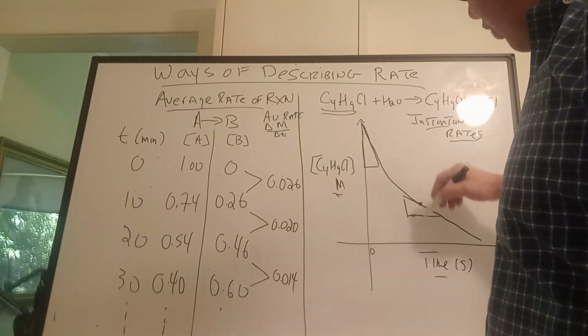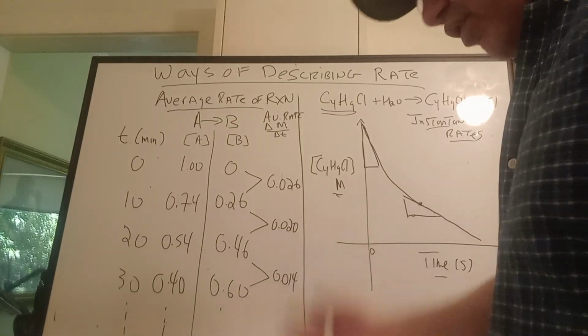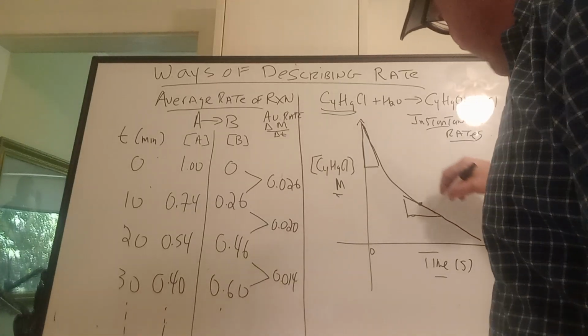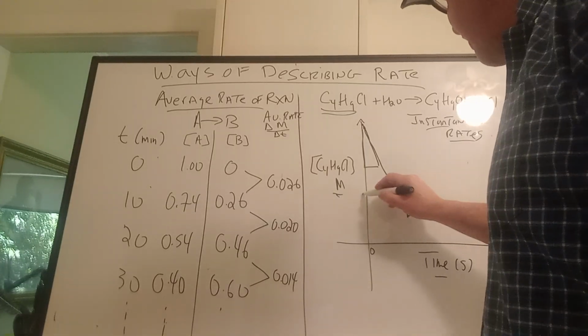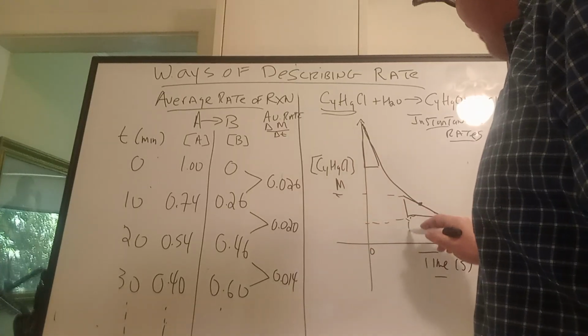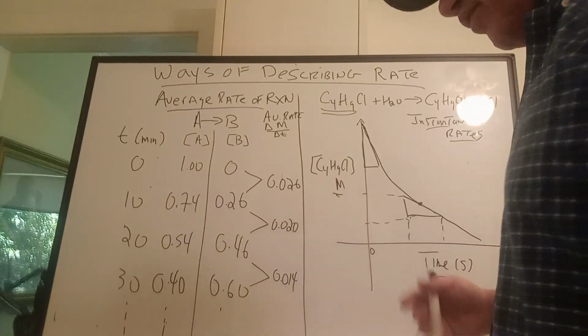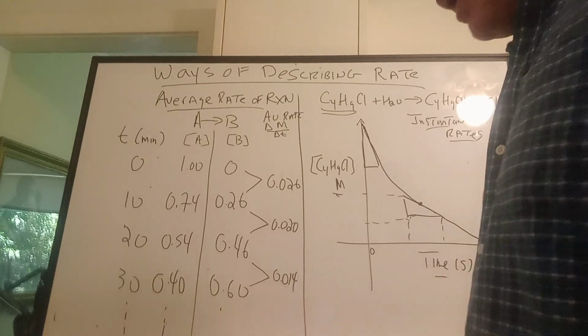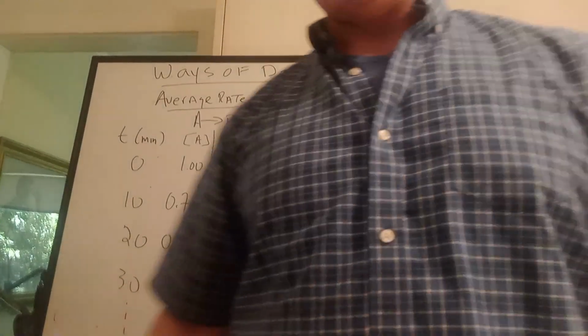And similarly, you can do that down here. You take a tangent of a point at a certain longer time period, 400 seconds, 500 seconds out, whatever it is, and you do a tangent line and you extrapolate the delta, the change in terms of the concentration and the change over time, and you do a rise over run, delta concentration over delta time. That's a crude way of doing it.